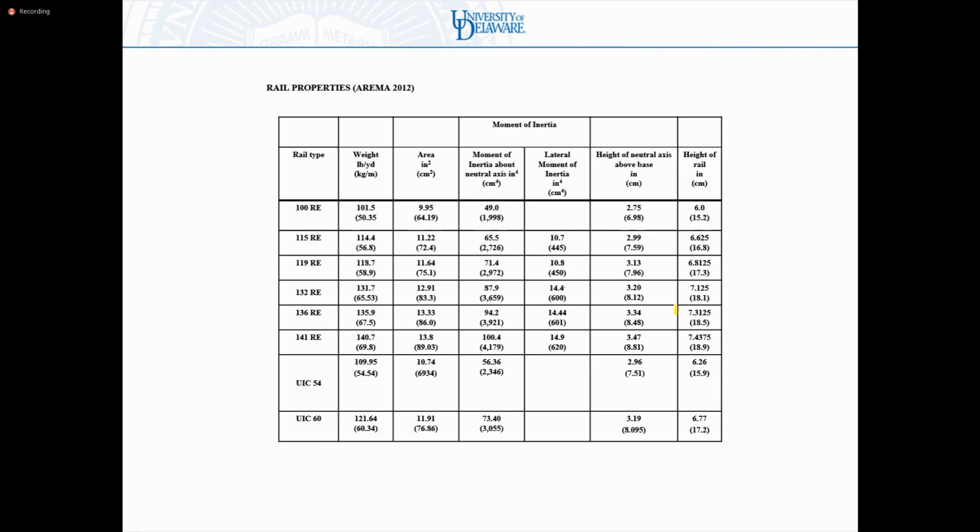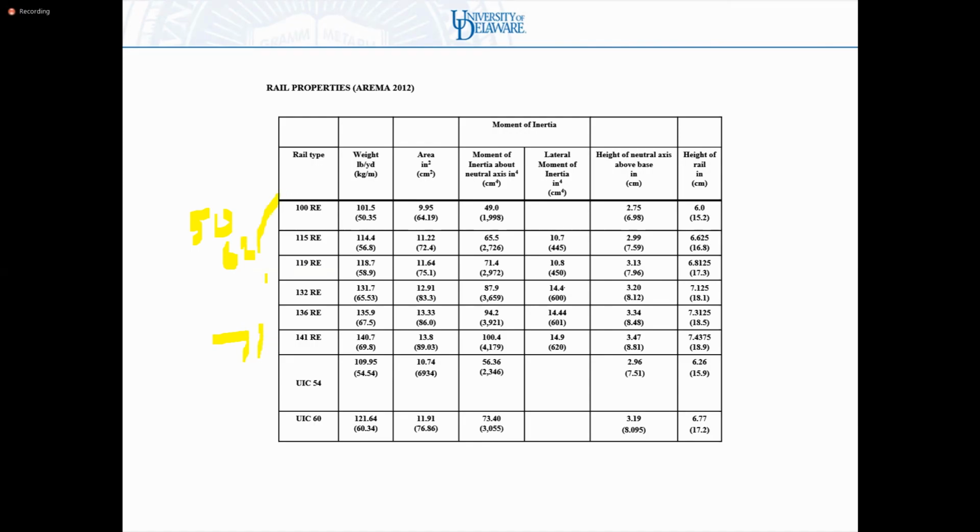And the greater the weight of the rail, the greater the height of the rail, the greater the moment of inertia. So if we look at this table of rail, just to put it in reference, 100 RE rail is about 50 kilograms per meter. 150 RE rail is about 62 kilograms per meter. 141 RE rail is about 71 kilograms per meter.